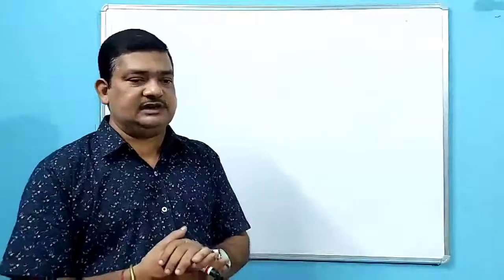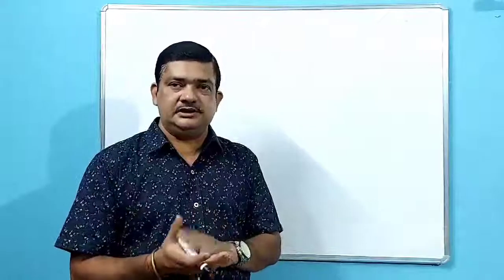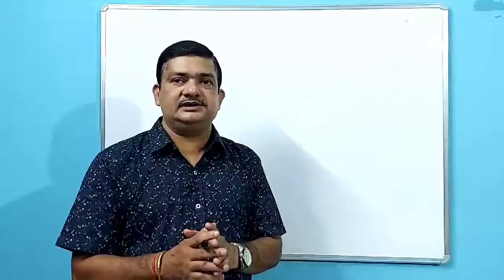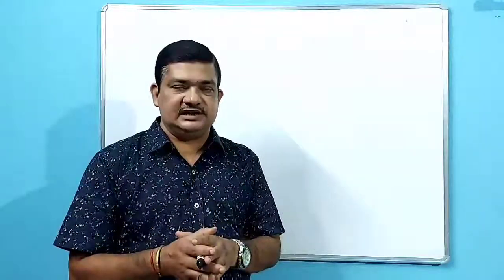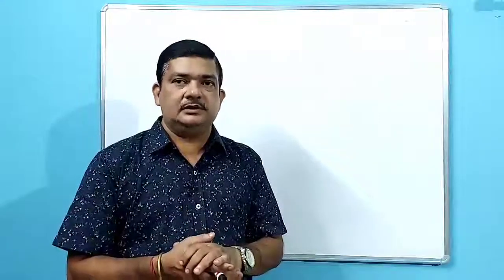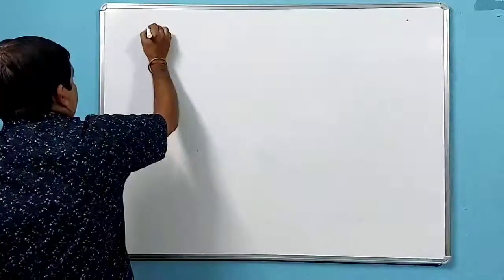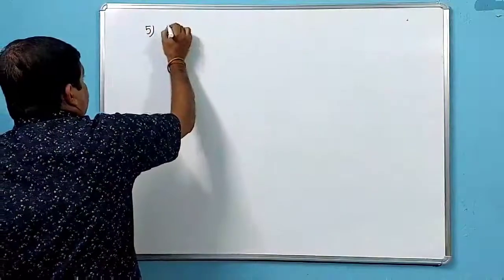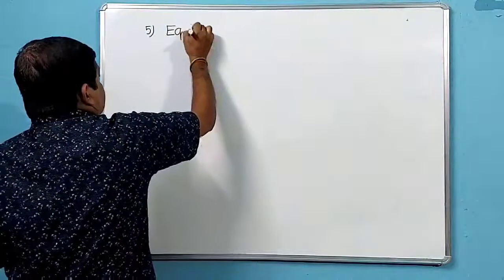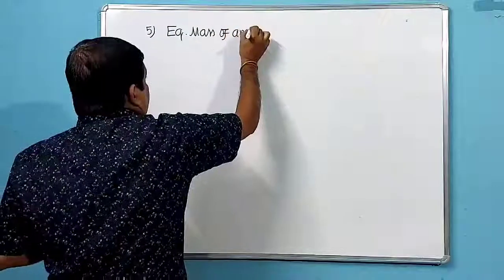Redox reaction means oxidation reduction. So for the timing I will not be teaching you the equivalent mass of an oxidizing agent and a reducing agent because you will be confused to read that. So last part, formula number 5, equivalent mass of an ion.